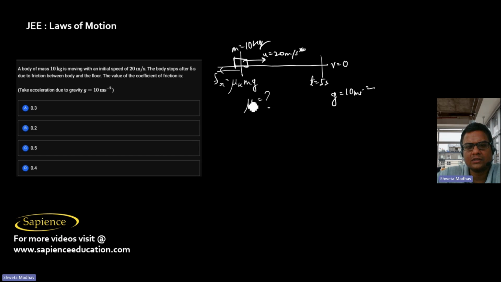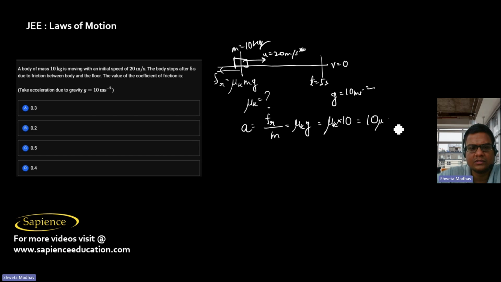So here the retardation a will be equal to frictional force by mass, that is equal to mu k into g. So that will be mu k into 10, or I can say 10 mu. So this mu has to be found out.